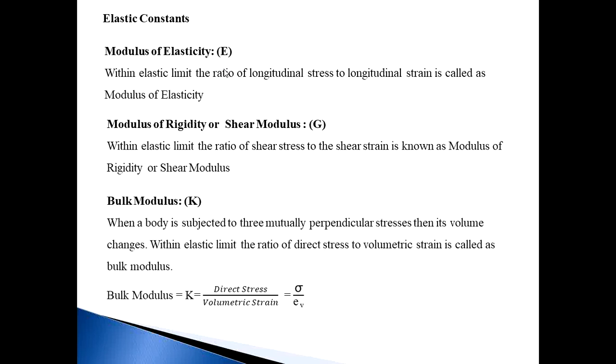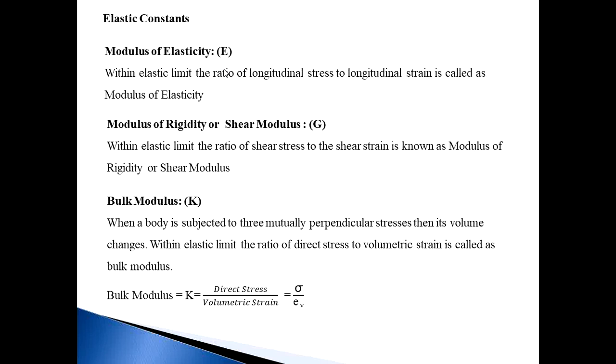Then next one, bulk modulus. Bulk modulus means when a body is subjected to three mutually perpendicular stresses, then its volume changes. Within elastic limit, the ratio of direct stress to volumetric strain is called the bulk modulus. Suppose three mutually perpendicular, equal forces are applied on a body, and due to those forces a change in volume occurs.